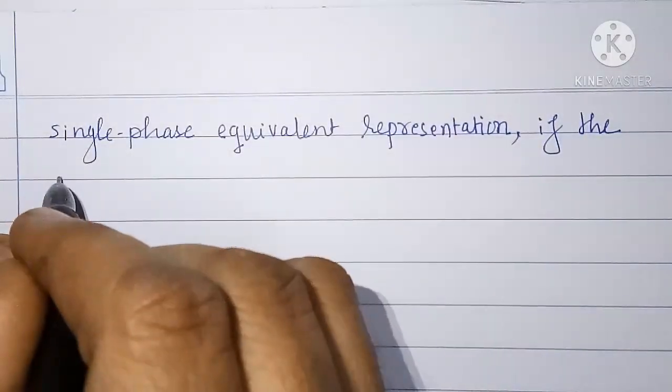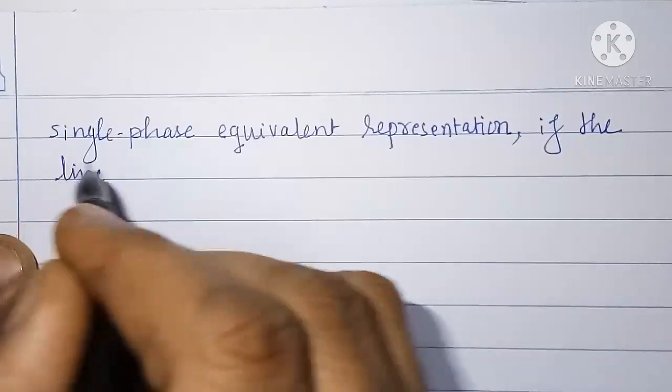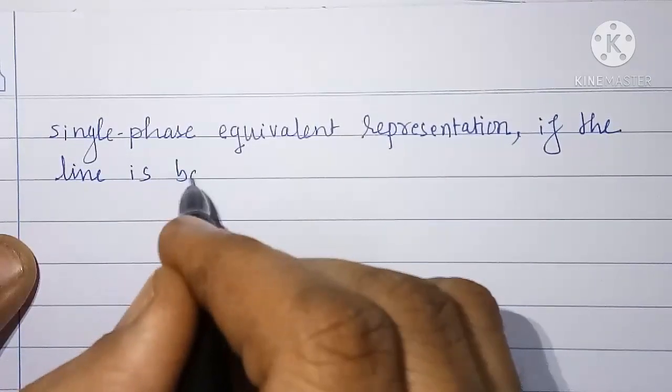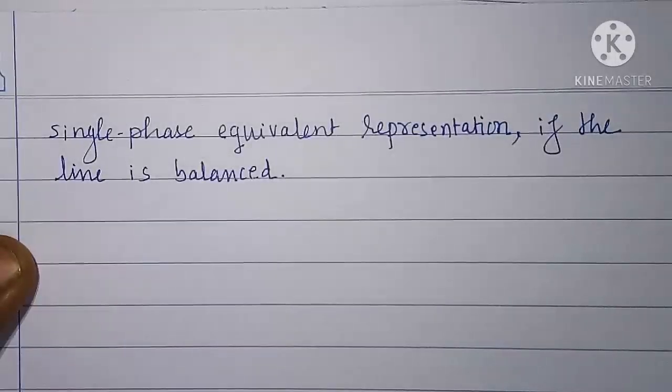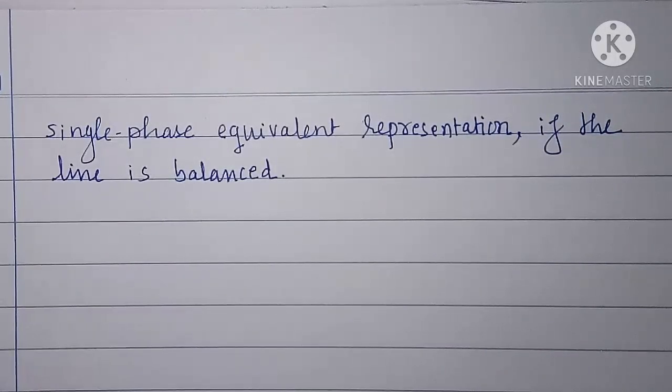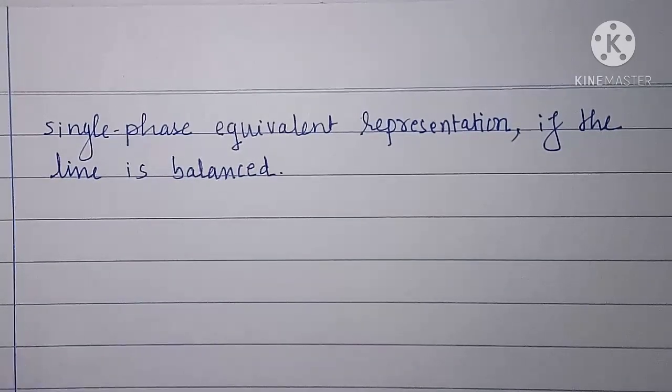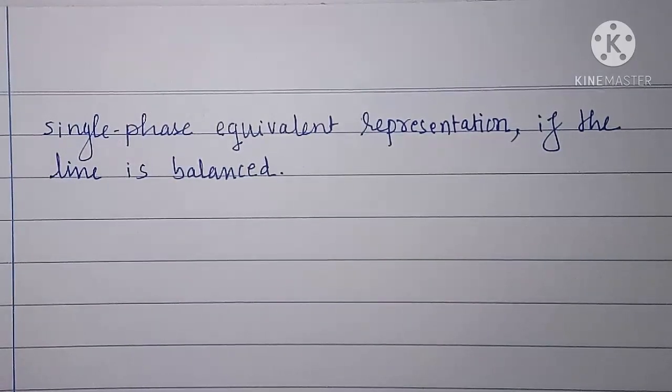If the line is balanced, the transmission capacity, that is how much power at the given voltage, mainly depends on the inductance and capacitance, because the resistance and the conductance are very small.